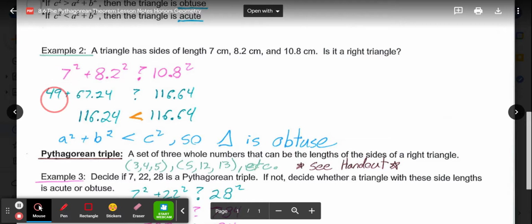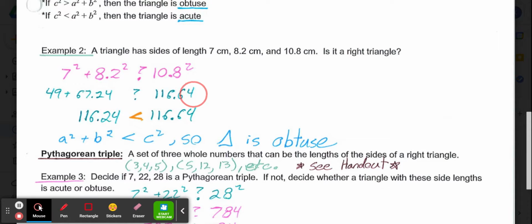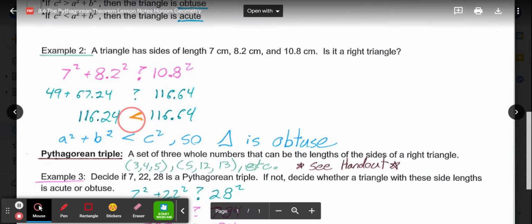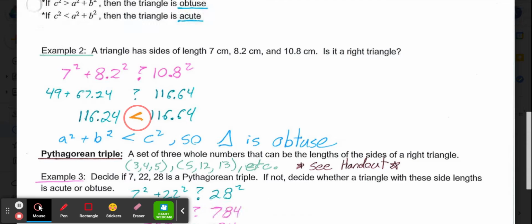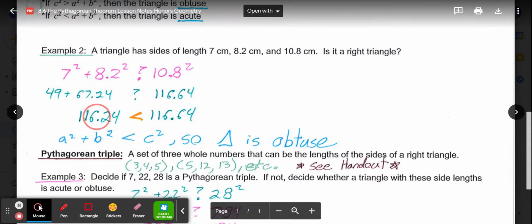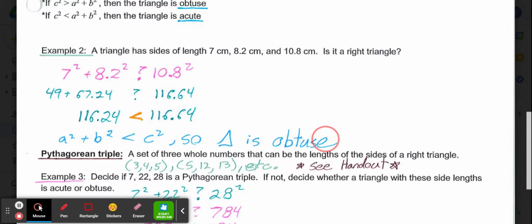Well, if we do the math, 49 plus 67.24 is 116.24. 10.8 squared is 116.64. So in this case, they're not equal. So it is not a right triangle, but instead a squared plus b squared is less than c squared. So we would know it is an obtuse triangle.